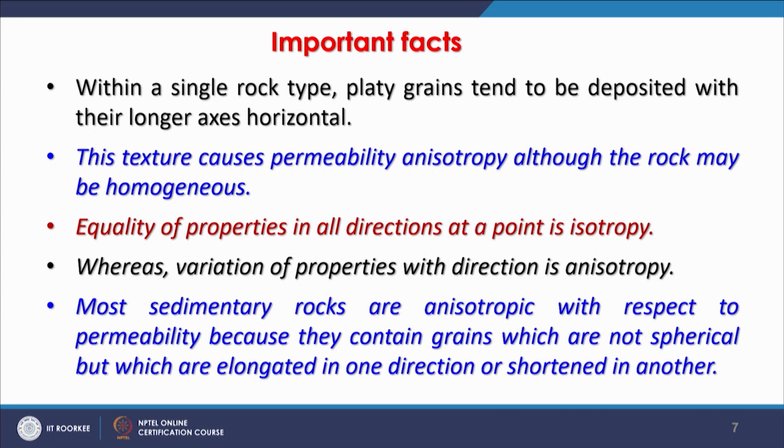Most of the rocks are heterogeneous in character, horizontally and vertically. Most of the rocks are not isotropic, they are anisotropic. Most sedimentary rocks are anisotropic with respect to permeability because they contain grains; not only with respect to permeability, I would also add with respect to porosity as well, since permeability is affected by porosity.